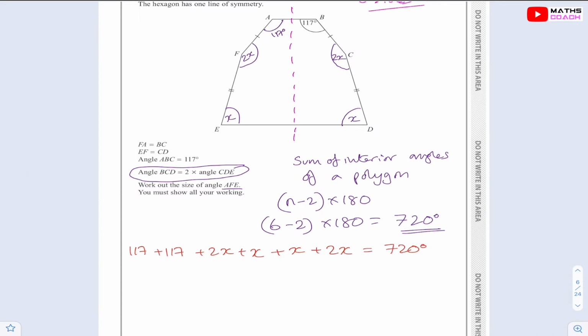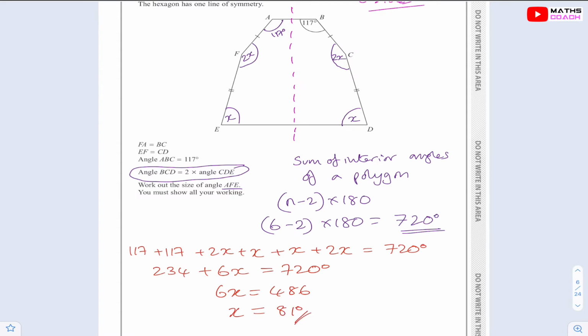If we collect all the like terms, so we add up all the numbers and collect all the x's, we get 234. Add all the x's, you get 6x, and that equals 720. Take the 234 to the other side, so you get 6x is equal to 486, and then finally divide by 6 on both sides, and you get 81 degrees.